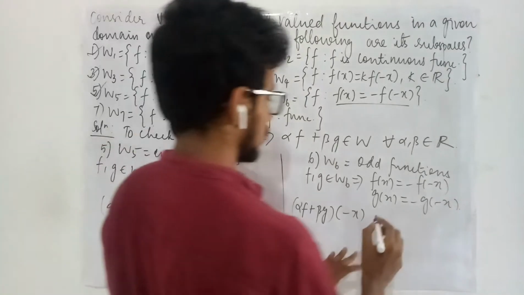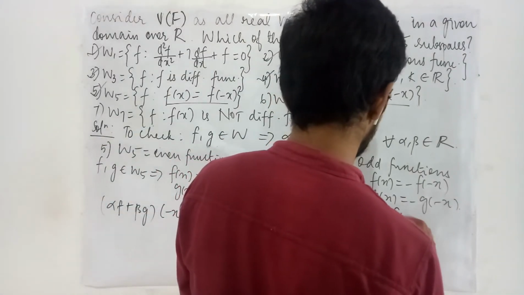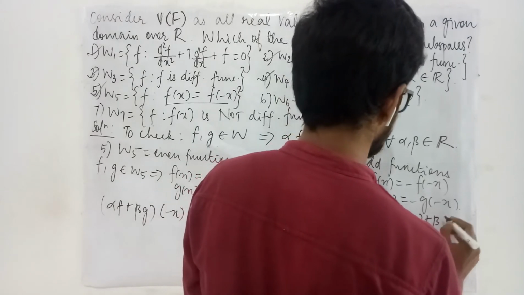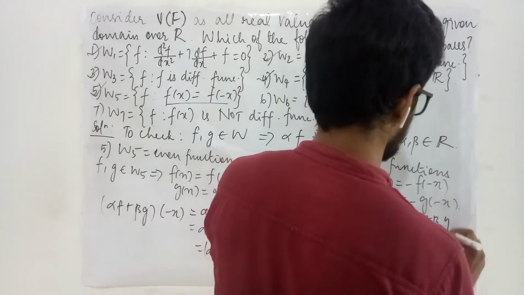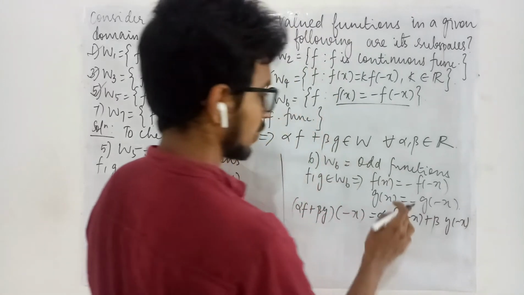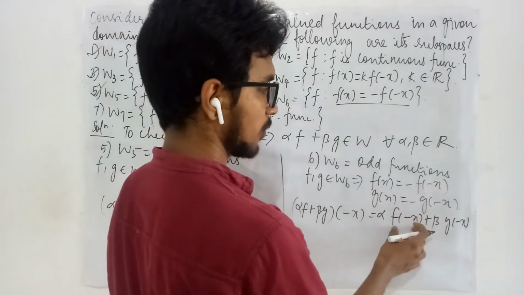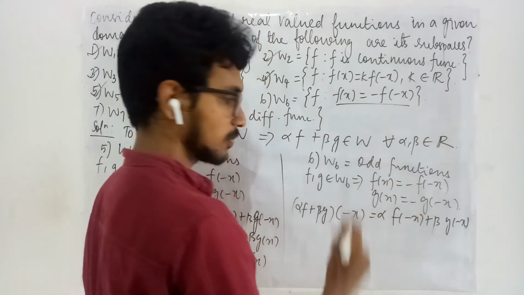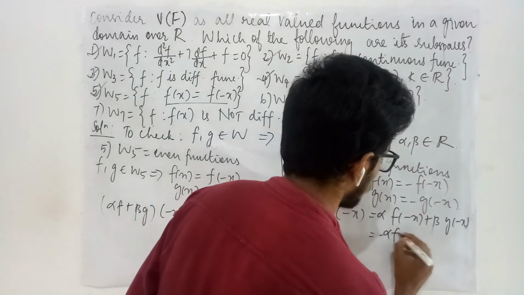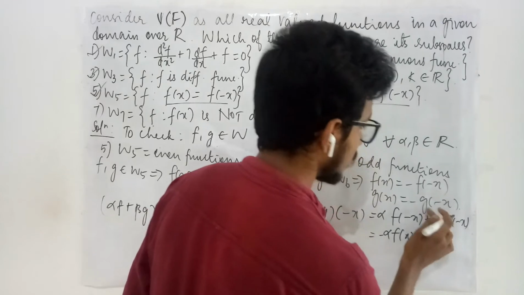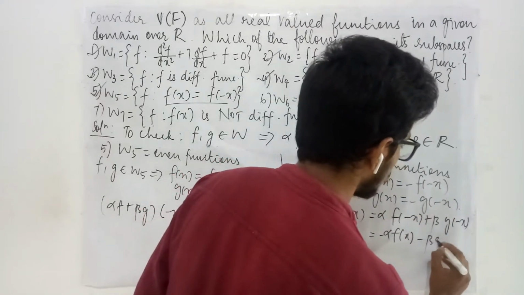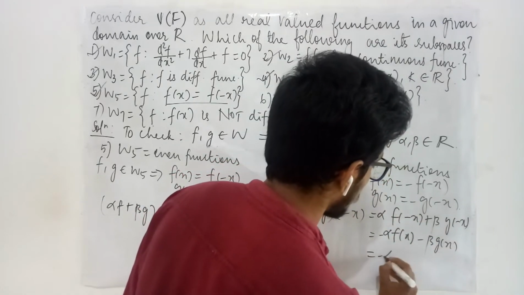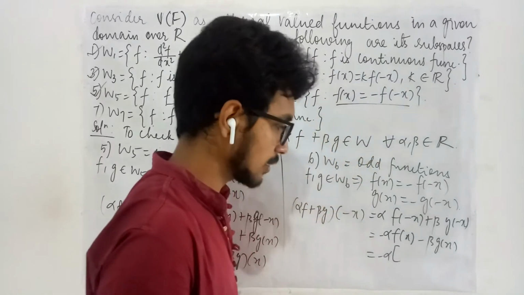Right? Here let me come. It is alpha times f of minus x plus beta times g of minus x. From this, what is your f of minus x? It is minus f of x. So you just bring this minus to this side. So minus alpha f of x. Here also you will have minus beta g of x. So take minus as a common one.